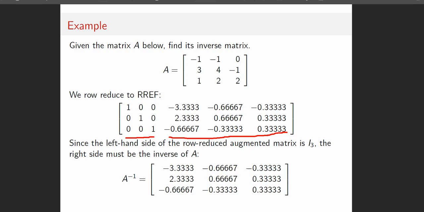And yes, the left-hand side row reduced to the identity matrix. And so then we know that A inverse is negative 3 1/3, minus 2 thirds, minus a third across the top row, 2 1/3, 2 thirds, and 1 third across the second row. And the third row is minus 2 thirds, minus a third, and a third. Okay, so that's how we find a matrix inverse.